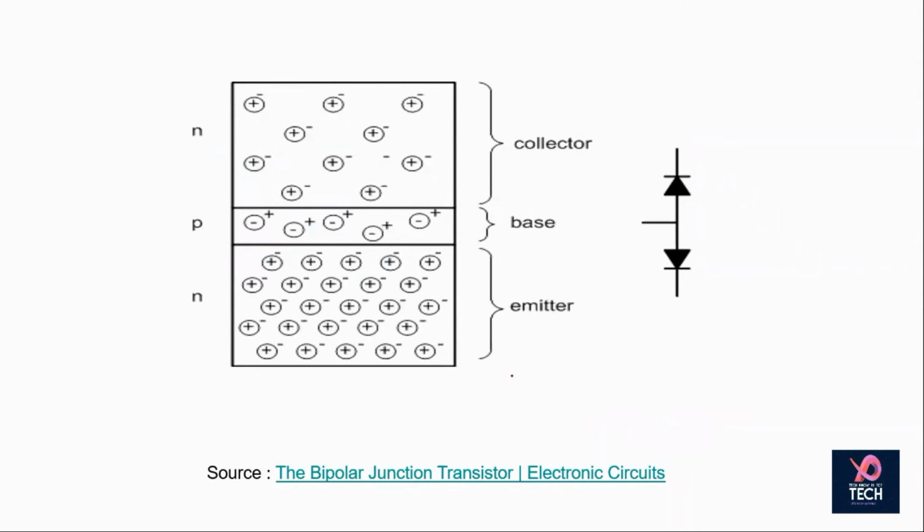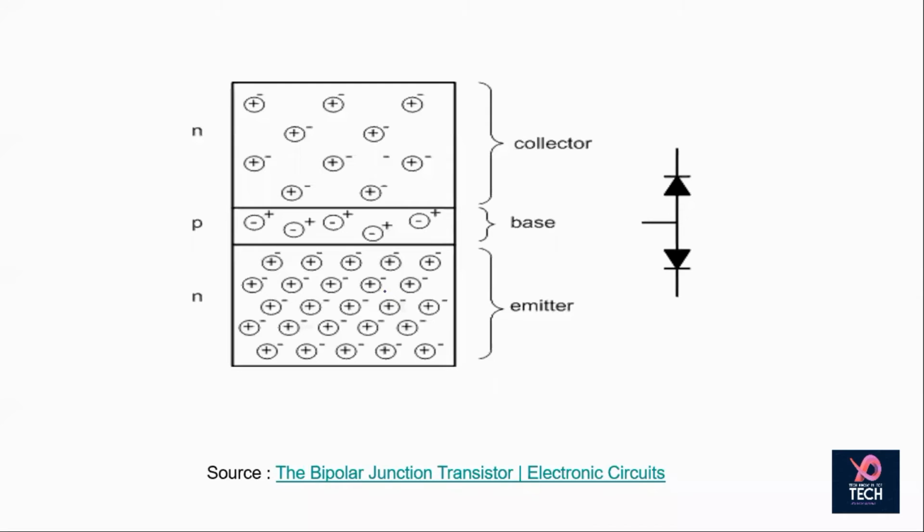Here you can see this is emitter, this is base, and this is collector. This is an NPN transistor. In an NPN transistor, as already explained, we dope the emitter heavily. So here you can find more N-type carriers in the emitter, and the base is lightly doped, so fewer carriers are there in the base. The collector is also lightly doped, because the main purpose of the collector is to collect all the carriers being emitted by the emitter.